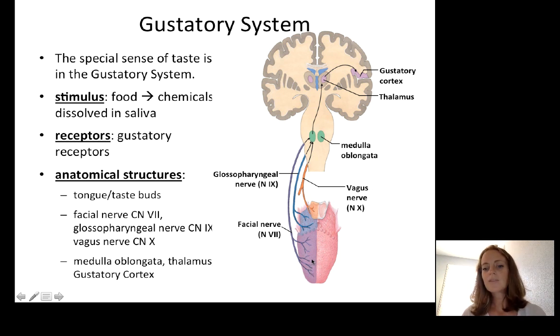So we have special receptors in the taste buds of the tongue, which are gustatory receptors, and they will send information through cranial nerve 7, 9, and 10 up to the medulla. From the medulla, that information will go up to the thalamus and then to the gustatory cortex, where we'll be aware of the taste of the food that we are eating.